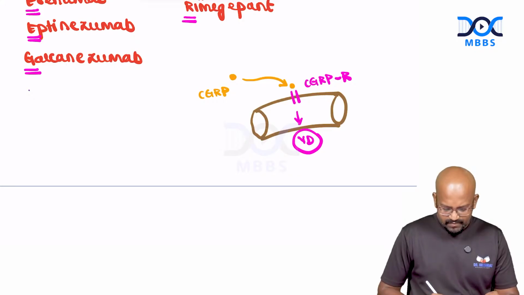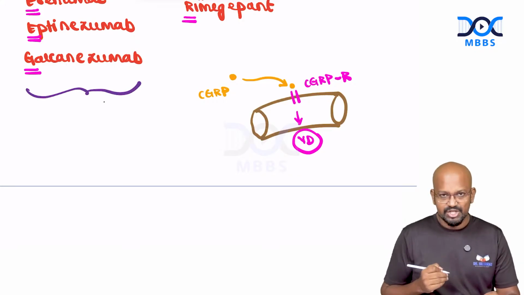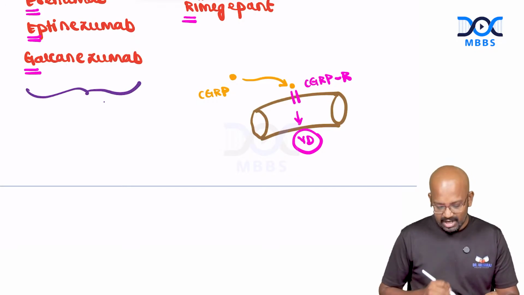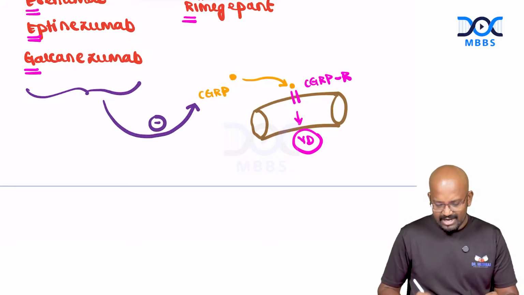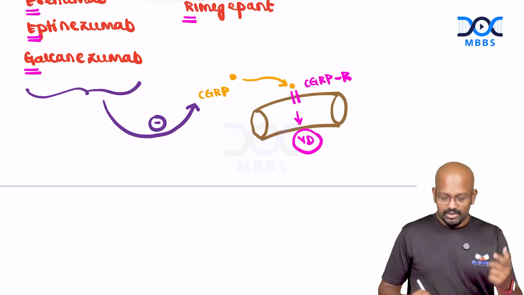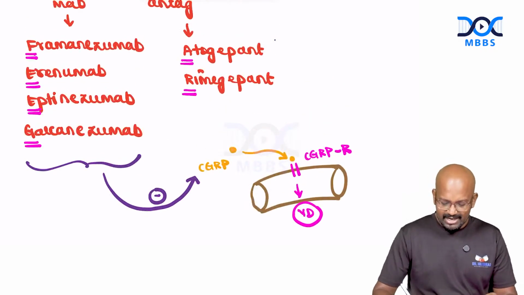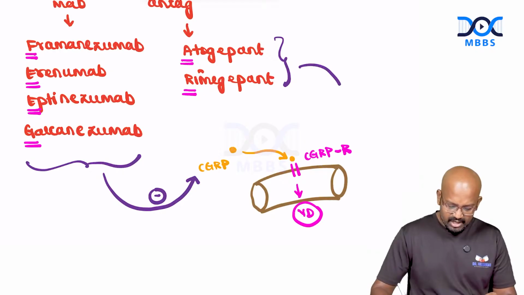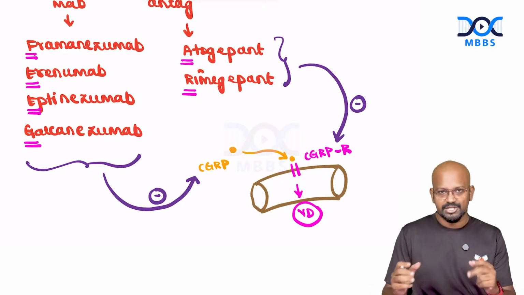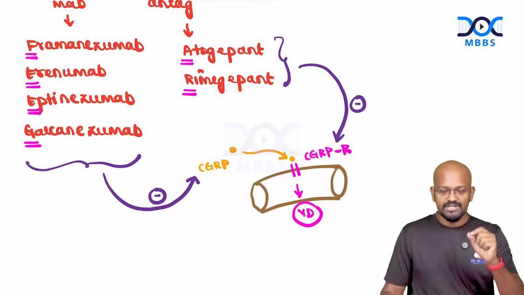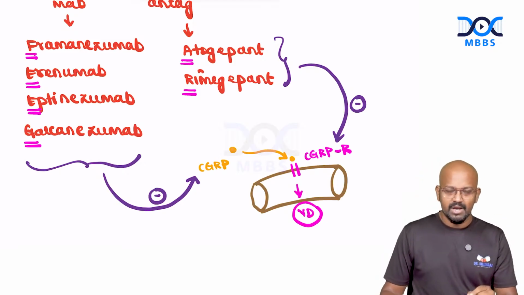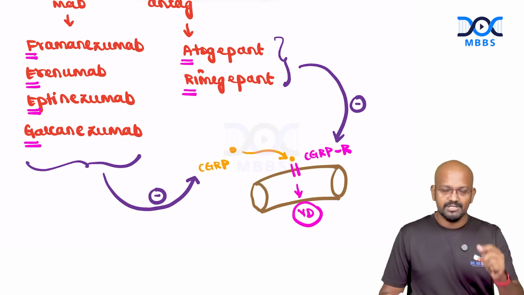These molecules which we have discussed over here, FEG, which are MAB drugs, monoclonal antibodies, will come and bind with this CGRP molecule and tend to inhibit it. Whereas the gepant drugs, which are antagonist agents, will come and bind with the receptor and tend to inhibit the receptor's action. That's the primary difference between CGRP monoclonal antibody and CGRP receptor antagonist agent.